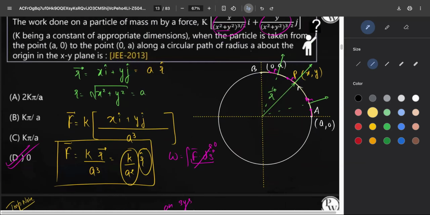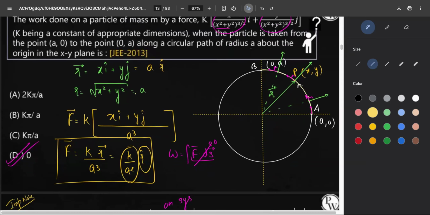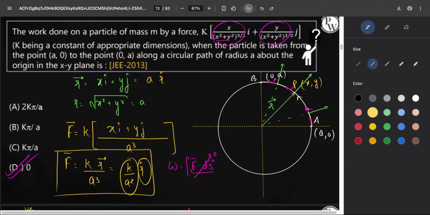Okay. So here I think we have covered it. Now you can see this part. Work done on a particle which is moved by a force. So you can see this is the force, right? X by this part and this by this part. Constant.